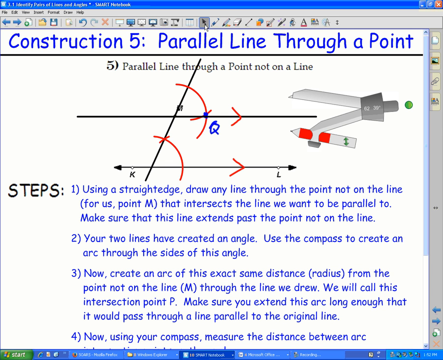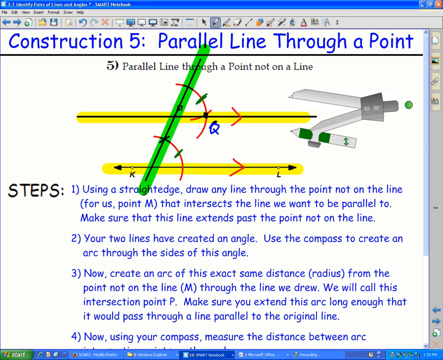And the reasoning behind this construction has to do with the postulate that says that when a transversal, and our transversal is the line that we drew down in step 1, crosses 2 parallel lines, those are our 2 parallel lines, that the corresponding angles, and so this angle right here corresponds to this angle right here, are congruent.